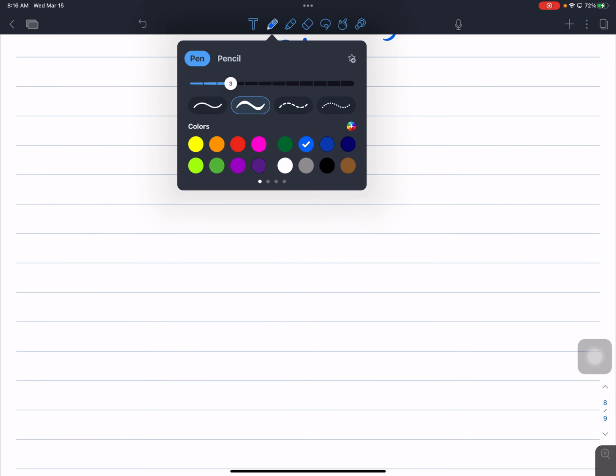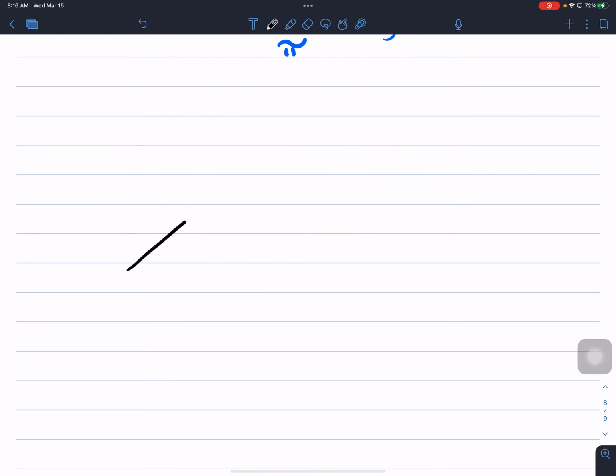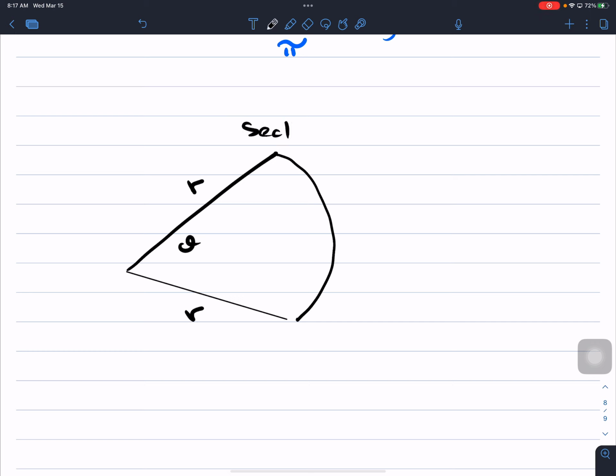Not for arc length, but for a sector. Okay, here's theta, and here's r. This is, again, your sector. What was the area formula?